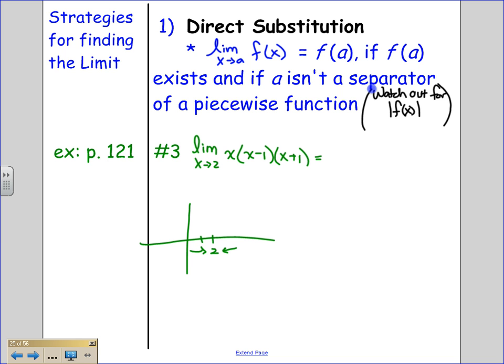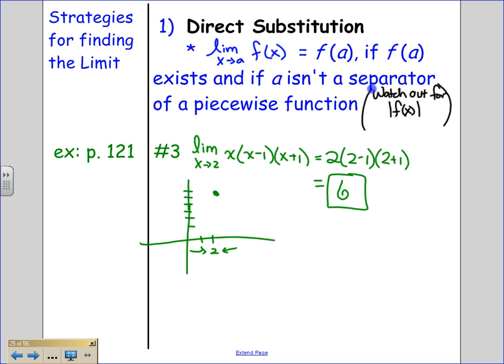It says just plug in, see if it works. If I just plug in, I get 2 times 2 minus 1 times 2 plus 1, which equals 6. So, as I'm coming towards it, 6.